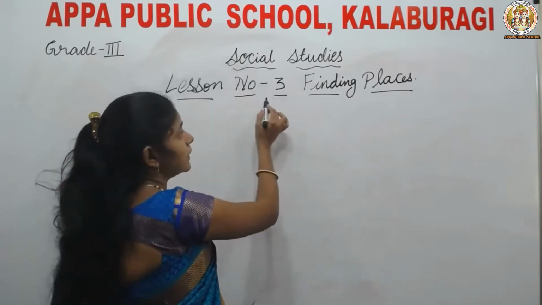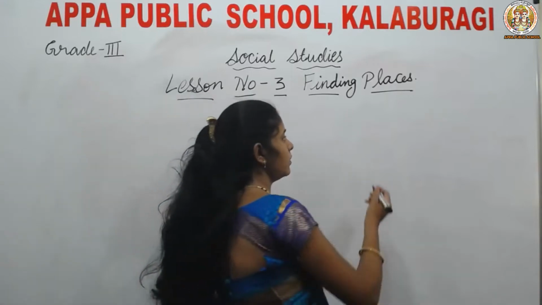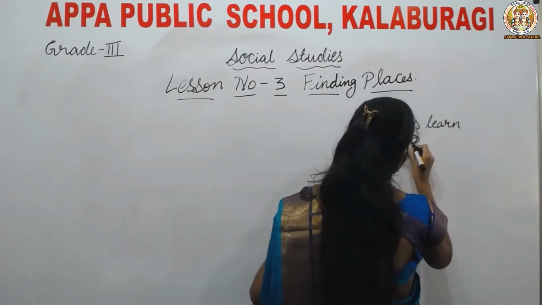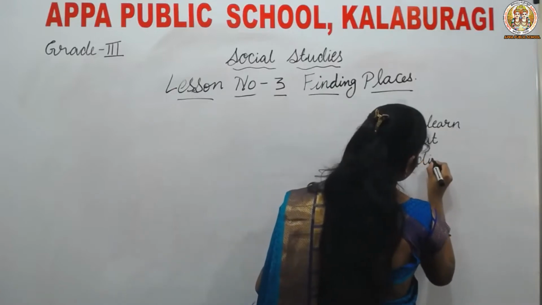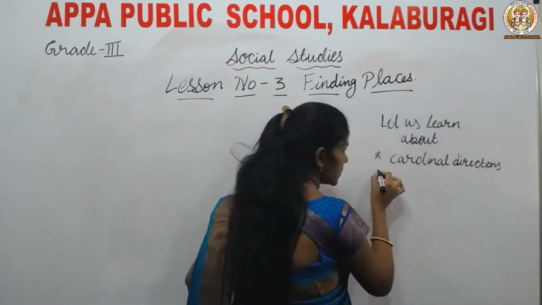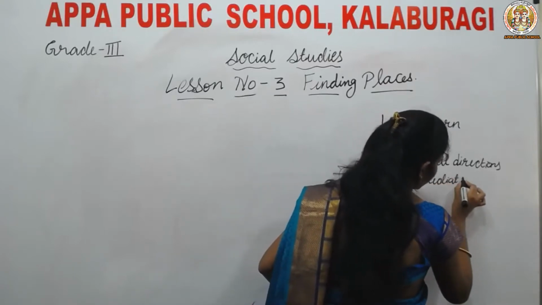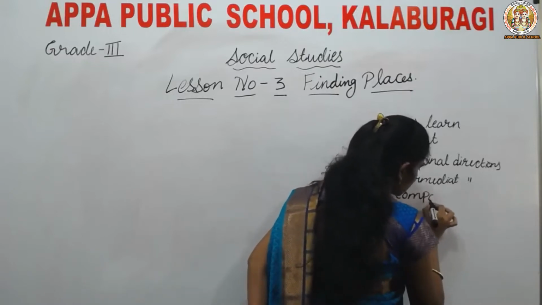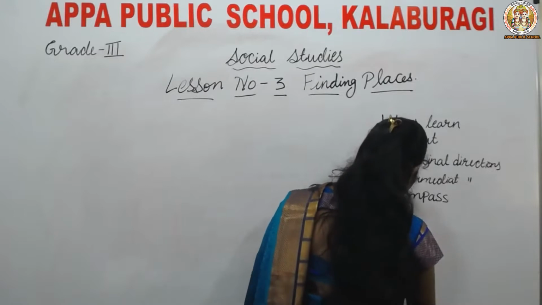Today we will learn lesson number 3, finding places. Let us learn about cardinal direction, next intermediate direction, next compass, next sketch.